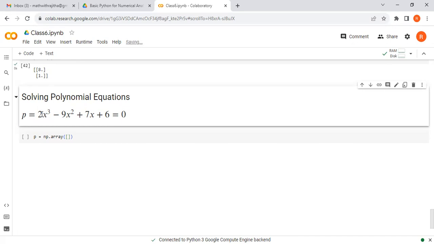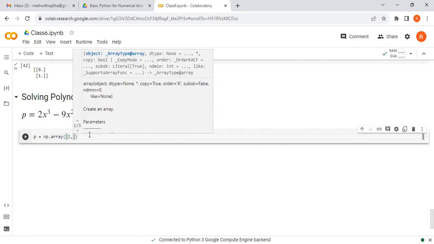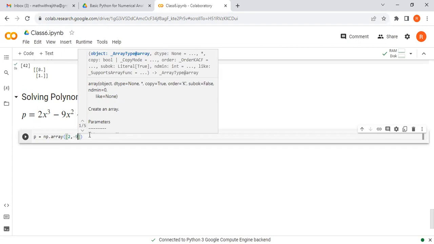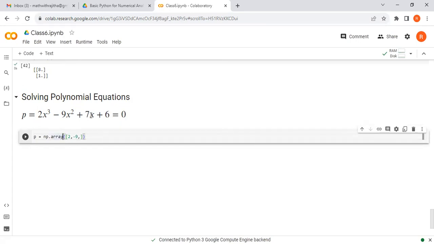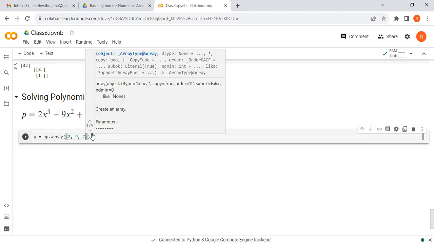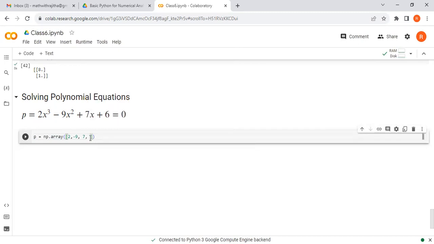So it is starting with 2, which is the coefficient of x cubed, next the coefficient of x squared, that is -9, next the coefficient of x, which is 7, and the coefficient of x to the power 0, which is 6. Now we have defined our polynomial function.